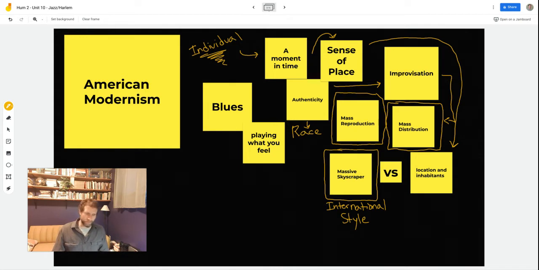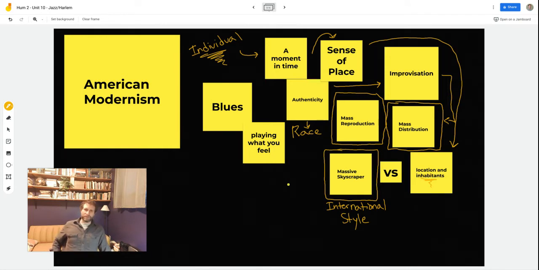And so for those of you who know Fallingwater, famous building, but he didn't do it just with that one. The sense of place was very important to him. And he also thought, not just about location, but also about the inhabitants. Who were the inhabitants? Not just what did they need, but who were they? And how could this house be customized, that authenticity, moment in time, sense of place, to that particular person or family?